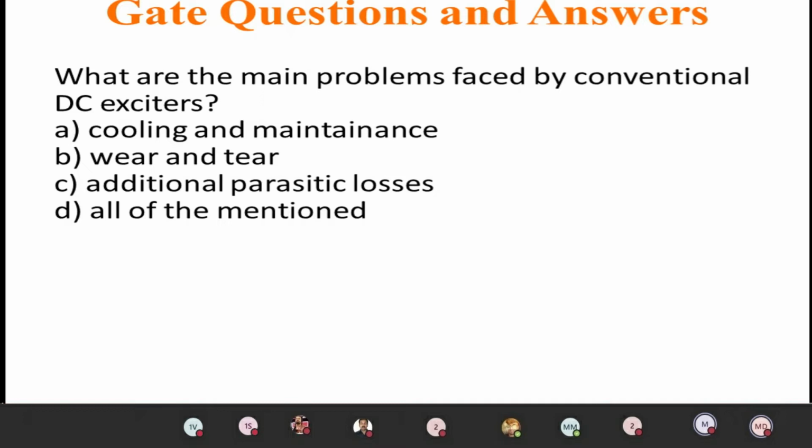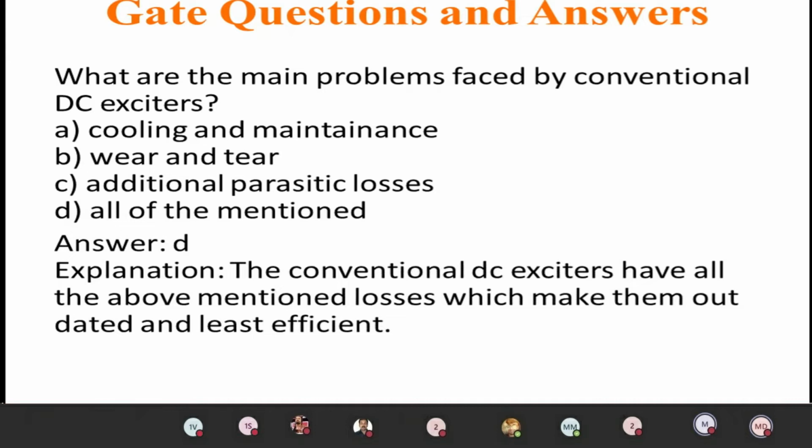So it also acts like a parasitic loss. So option D, all of them are issues. When three answers are included in the question, we can mention all of the above. So the conventional DC exciter has all the above mentioned losses, which make it out of date and least efficient. Today it is not in practical use.